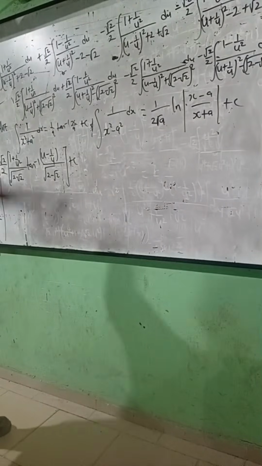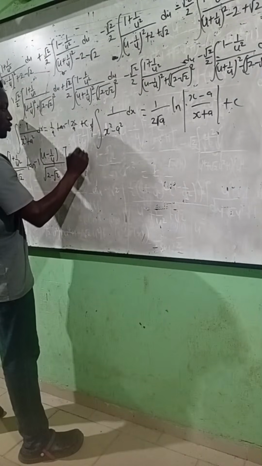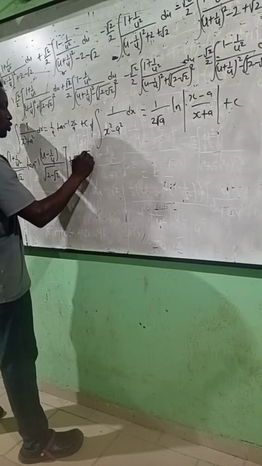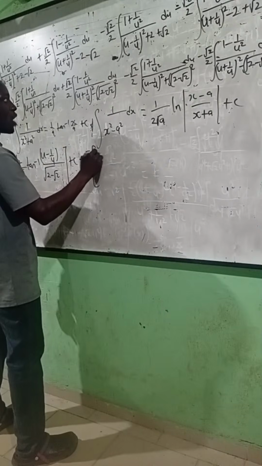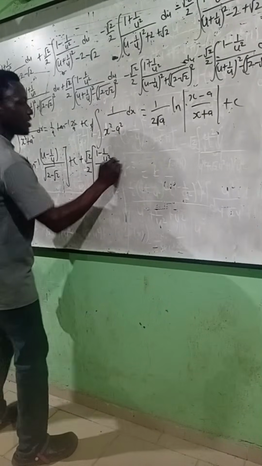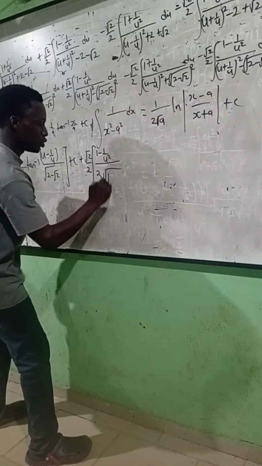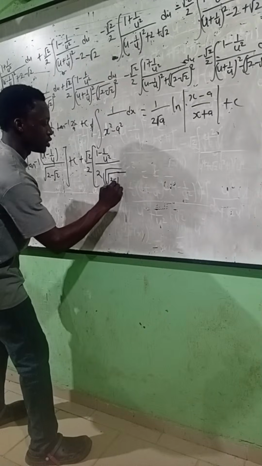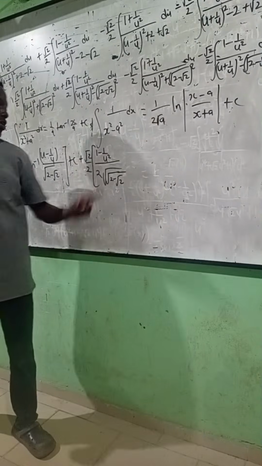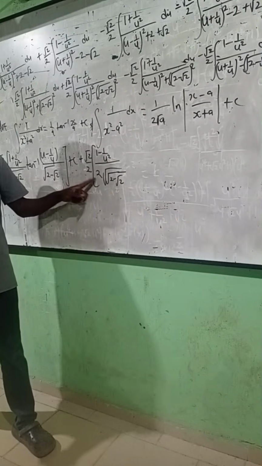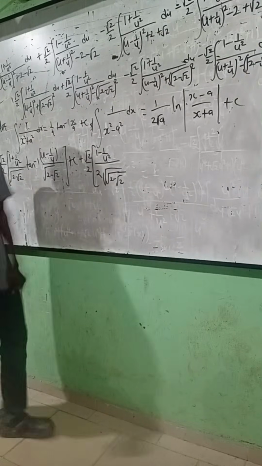So this is going to give us plus root 2 over 2, open bracket. Our 1 is 1 minus 1 over u squared, divided by 2 root a. What's our a? Root 2 minus root 2. So this is 1 over 2 root a, the numerator 1, and our a is root 2 minus root 2.